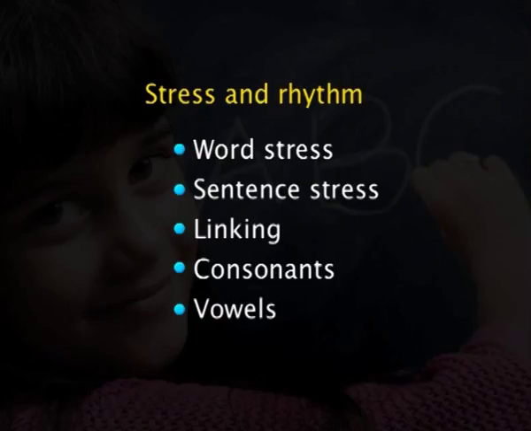Researchers have divided stress and rhythm into several levels. These are: number 1, word stress; 2, sentence stress; 3, linking; 4, consonants; 5, vowels. A few strategies have been suggested to teach word stress.